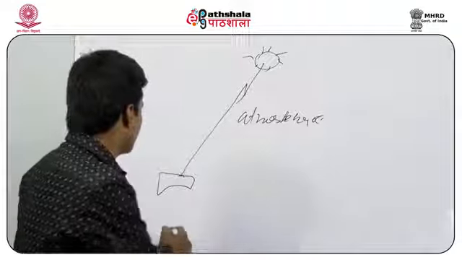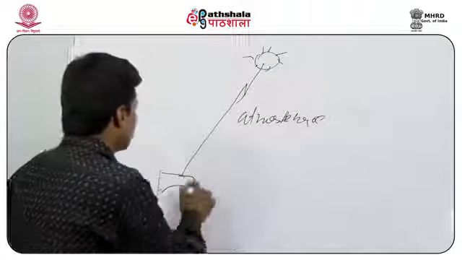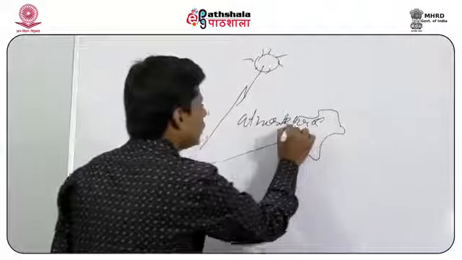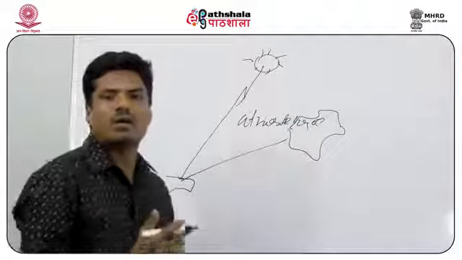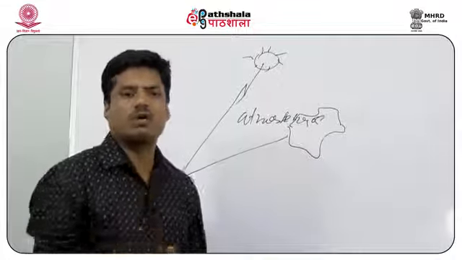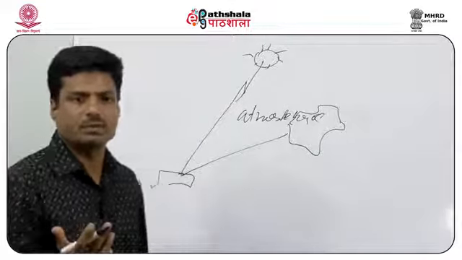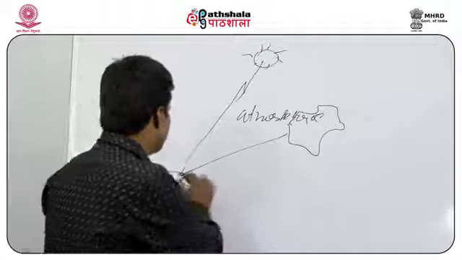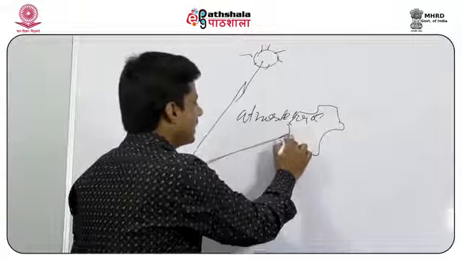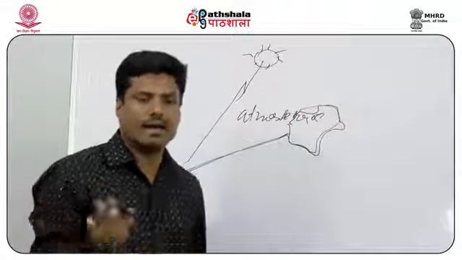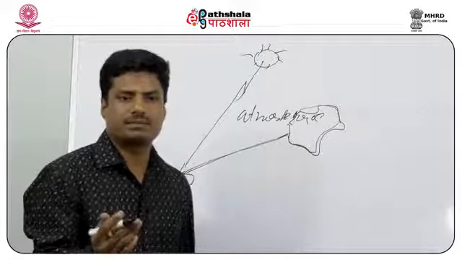After interaction with this object, the object reflects the energy to the sensors which are mounted on suitable platforms like aircraft or satellites. So this data travels to the sensors mounted in an aircraft or a satellite.